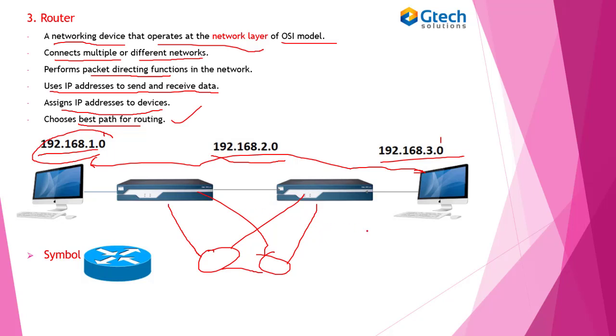Redundant links is a situation where there are 2 links and above. I hope you understand. So this is the symbol of a router. Okay, good. Let's go to our next device.